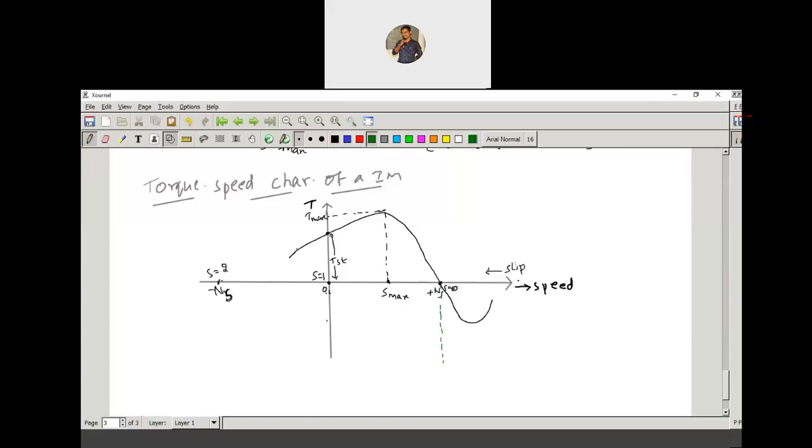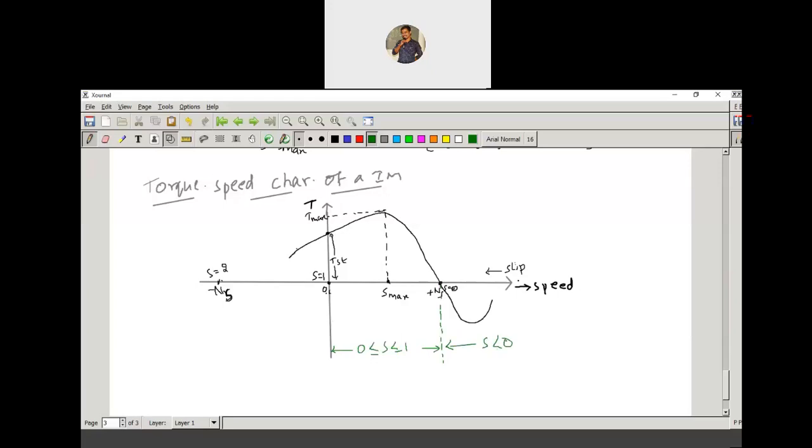And here we can divide the modes of operation into three regions. If you observe this slip characteristic, in this region the slip is between 0 and 1. And here the slip is going to be less than 0.